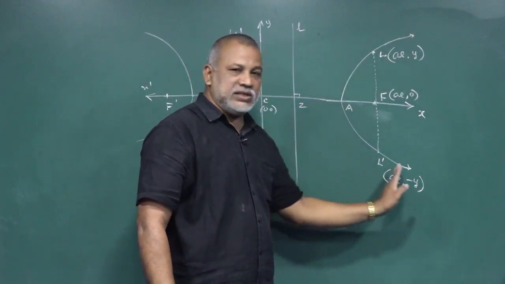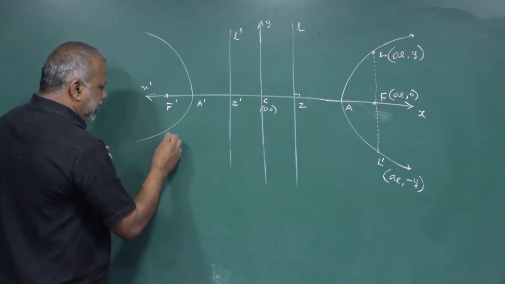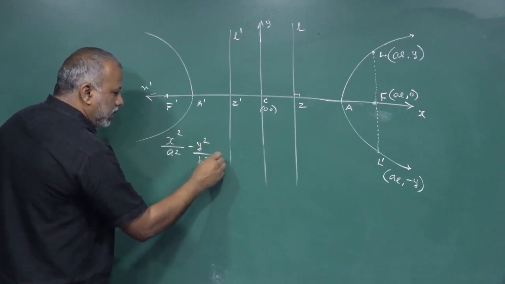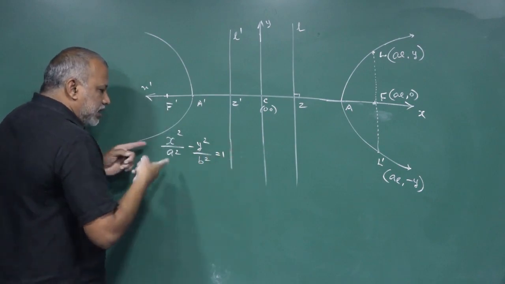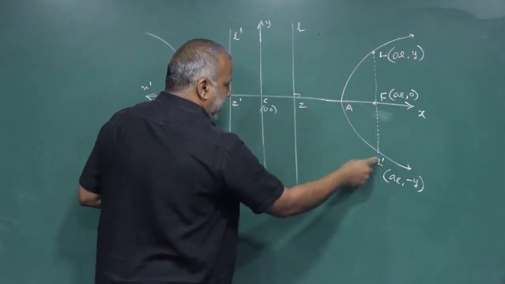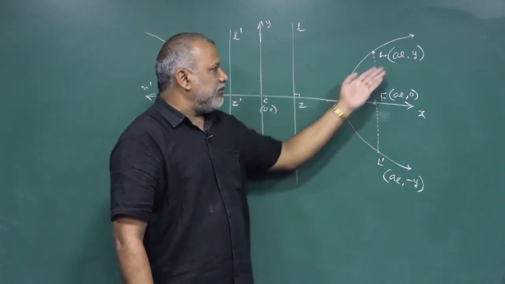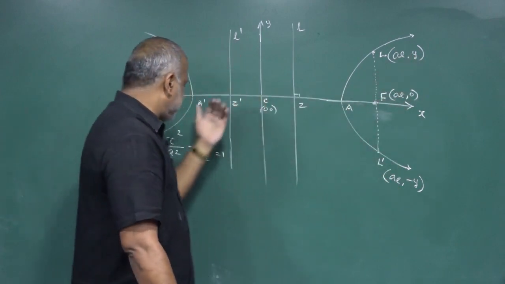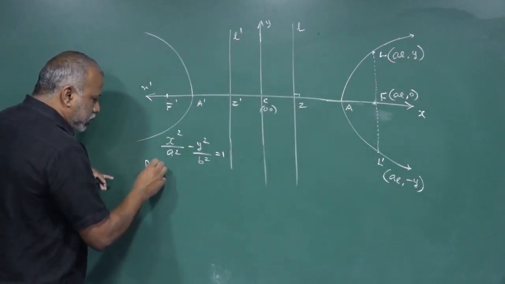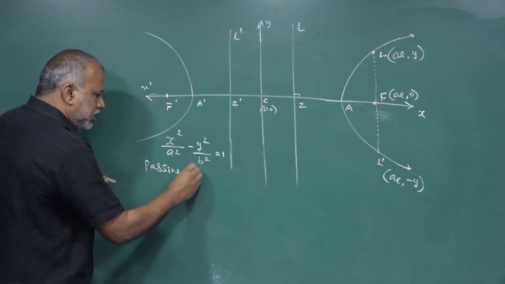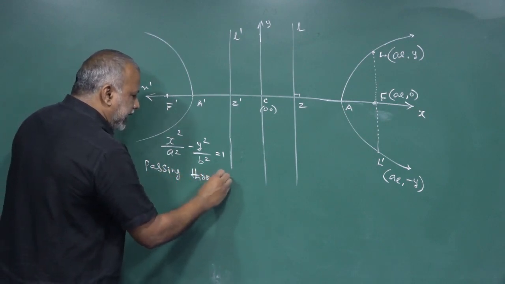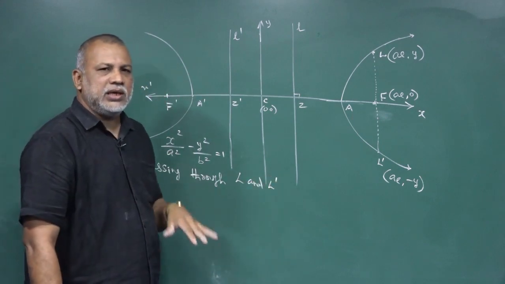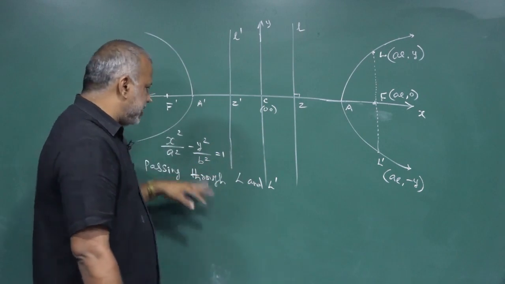This is the equation of the hyperbola. Just refer to all these concepts. x squared by a squared minus y squared by b squared equal to 1. This hyperbola passes through the points L and L dash. At these points L and L dash, we know the value of x equals AE. Here also x equals AE, y is unknown. Therefore substitute. If an equation passes through a particular point, we can substitute here.